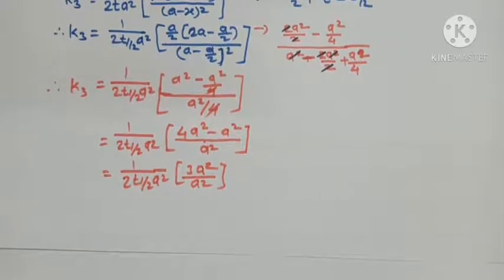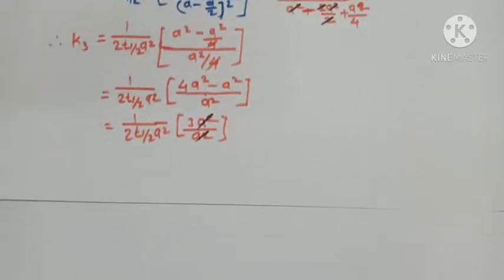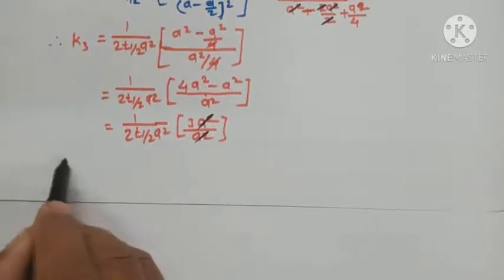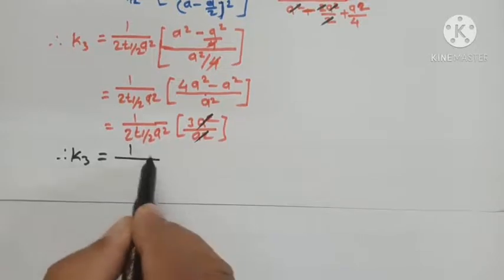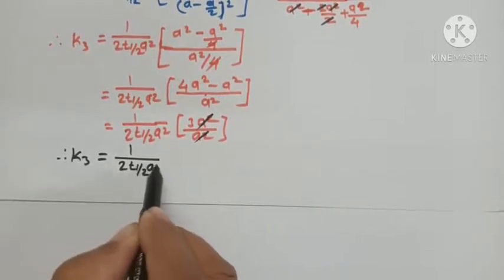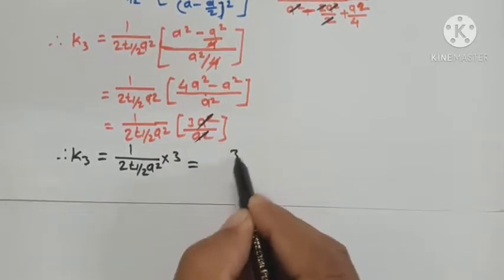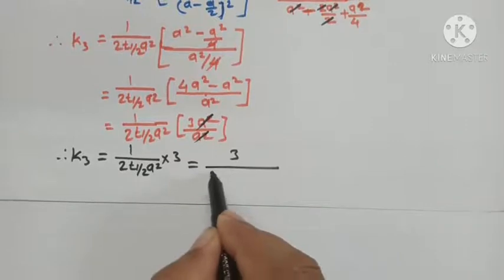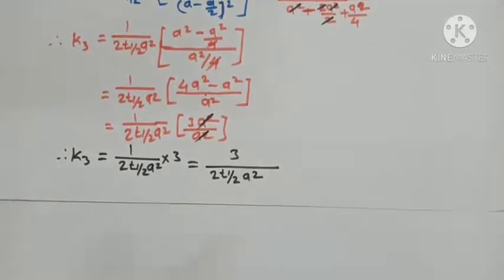These get cancelled, so what we will get? Therefore k3 is equal to 1 upon twice t half a raised to 2 multiplied by 3, or is equal to 3 upon twice t half a raised to 2.